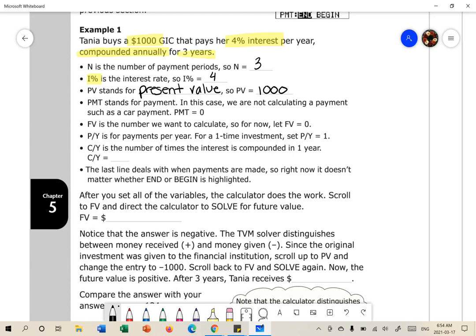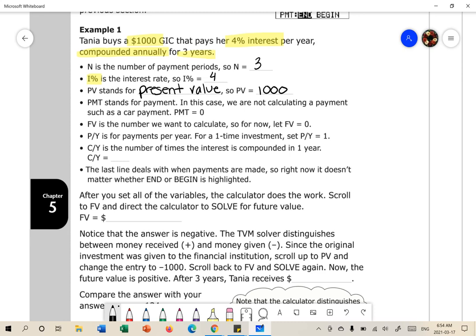So if you borrow money from the bank or if you purchase something with a credit card, then there is interest that we learned from the previous chapter that does accumulate and it's compounded, but then you have to pay that back. So PMT in the TVM calculator stands for payments, but we're not making payments. We're trying to grow our money. So we'll just leave it as 0.